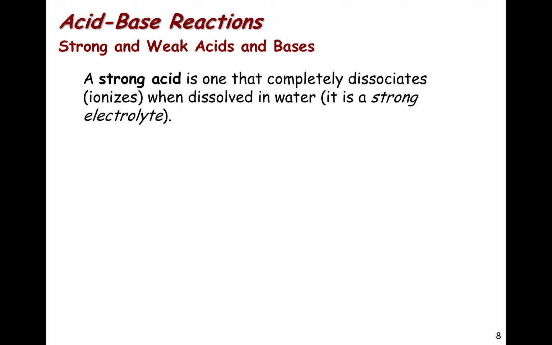A strong acid is a strong electrolyte, and typically the reaction between water and a species such as hydrogen chloride is going to be written with a single-headed arrow, meaning that all of the reactants are converted into the products, and this is not an equilibrium. So when we take hydrogen chloride gas and dissolve it in water, we end up completely with hydronium ions and chloride ions present in the solution.